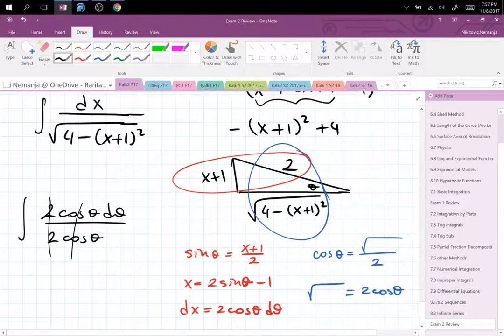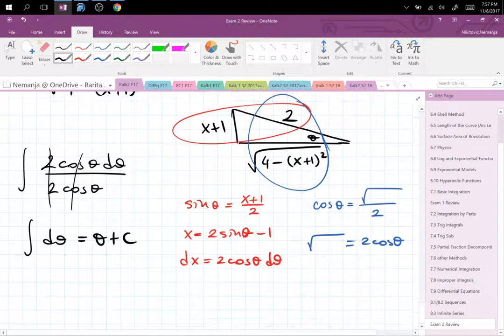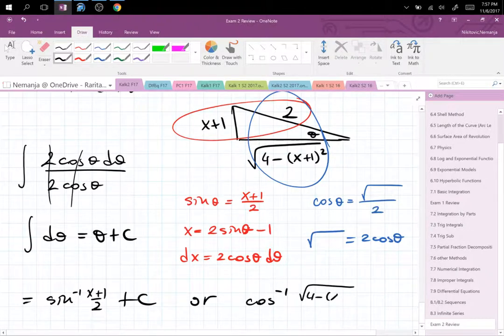Oh, perfect. Theta plus c. So you can bring inverse sine as the answer: sine inverse of x plus 1 over 2 plus c, or you can bring in the cosine: inverse cosine of the square root of 4 minus x plus 1 squared over 2.